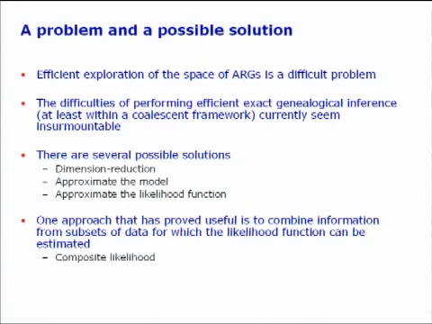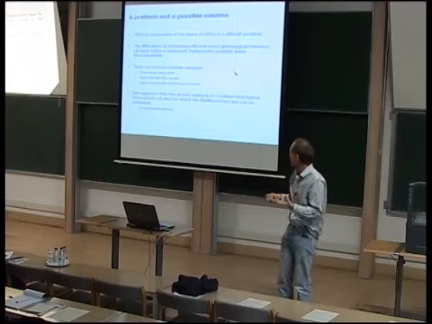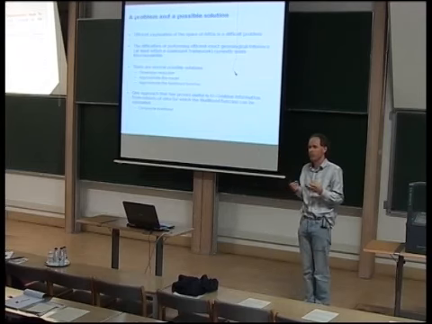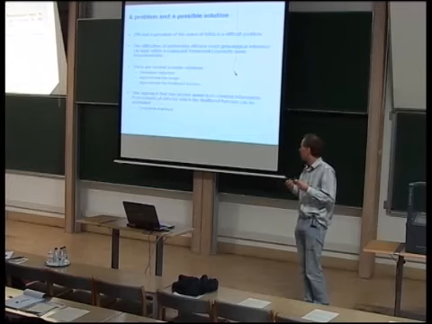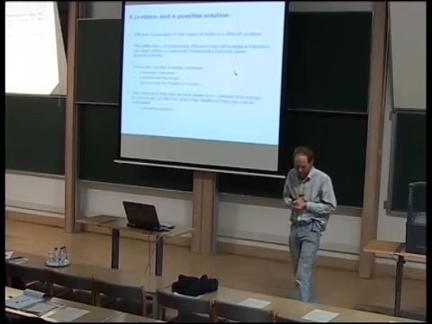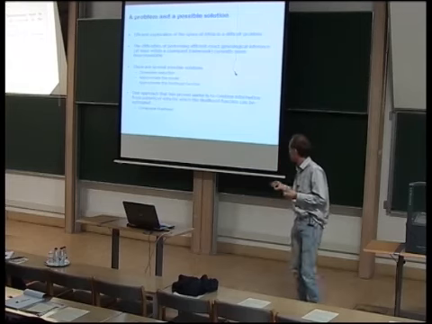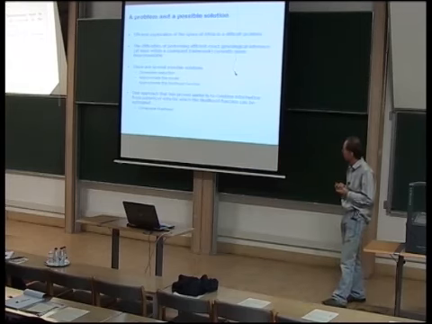Okay. So what can we do apart from give up and go home? Well, there are a bunch of things that we might try to do. One area that's received quite a lot of attention is what you might refer to as dimension reduction, which is, rather than deal with the probability of observing your data, you might deal with the probability of observing some summaries of your data. And there's a field called Approximate Bayesian Computation, which essentially tries to do this.